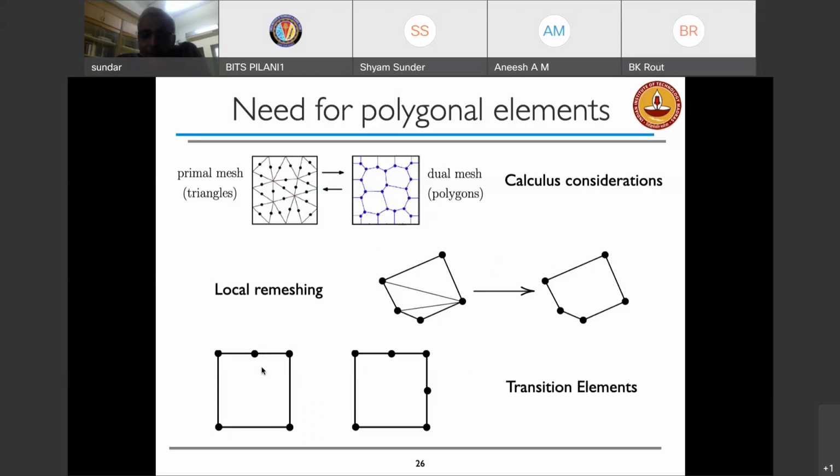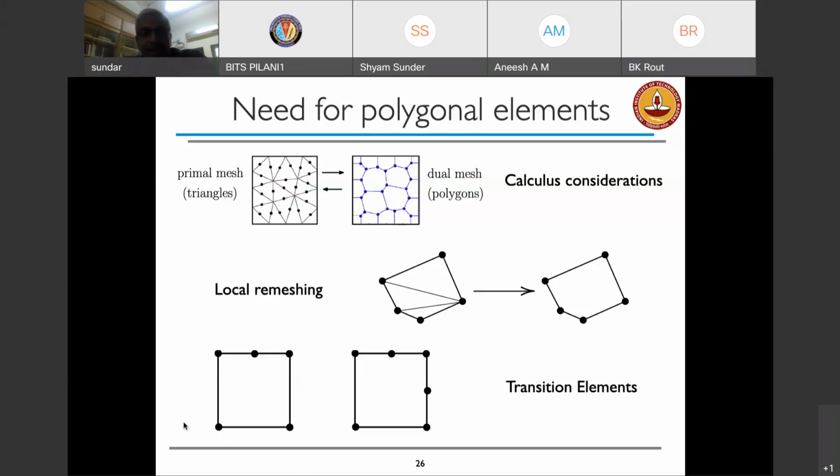There could be regions where you need a highly refined mesh, but there could be regions where you don't want a refined mesh. You would want a coarsened mesh. Typically, we use transition elements, and these transition elements are typically triangulated to avoid incompatibility issues. So the question is, can I have elements which have an arbitrary number of nodes on the boundary?